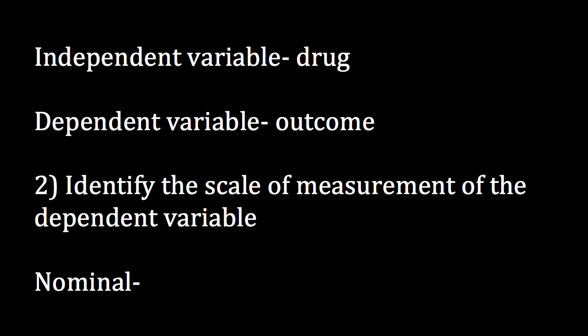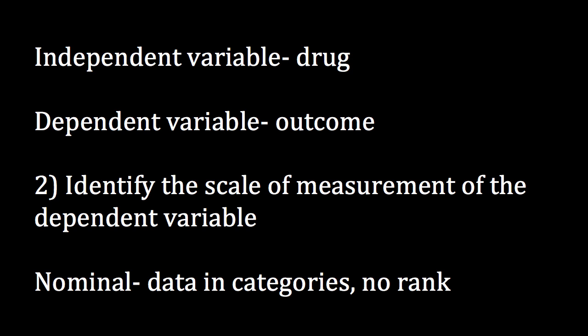Nominal data is separated in categories, and there's no rank or order to these categories. So this might be like red, blue, green. Those are all different categories. There's no saying that red is better than blue, etc.